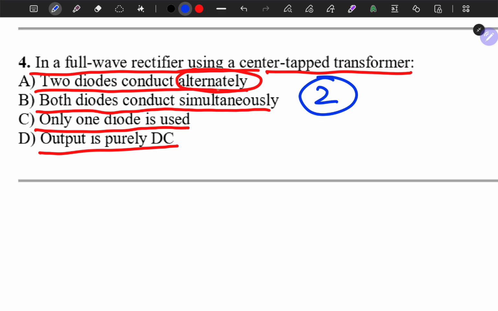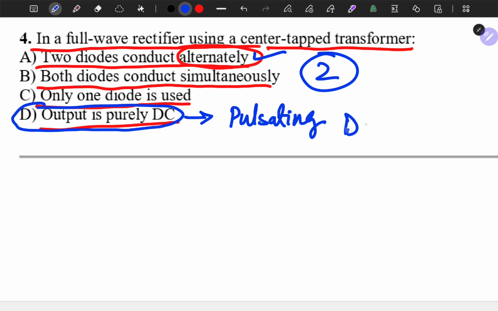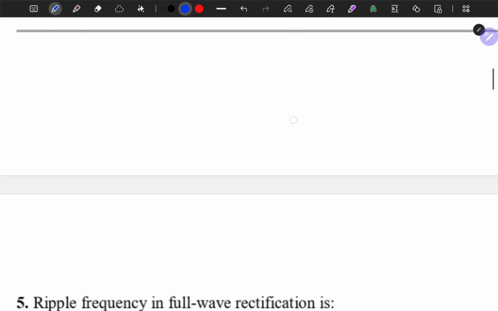That means they are working alternately. So option A is the correct option. You may be thinking that the output is purely DC. Actually, this is not purely DC. It's pulsating DC. Later on, with some additional circuitry, we convert it into a completely pure DC supply.